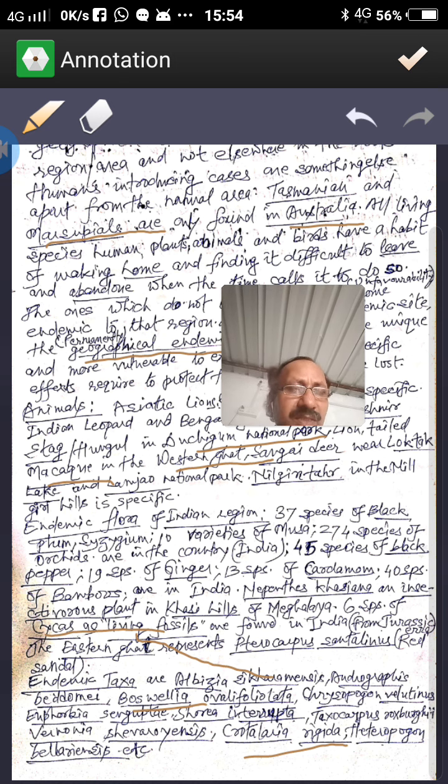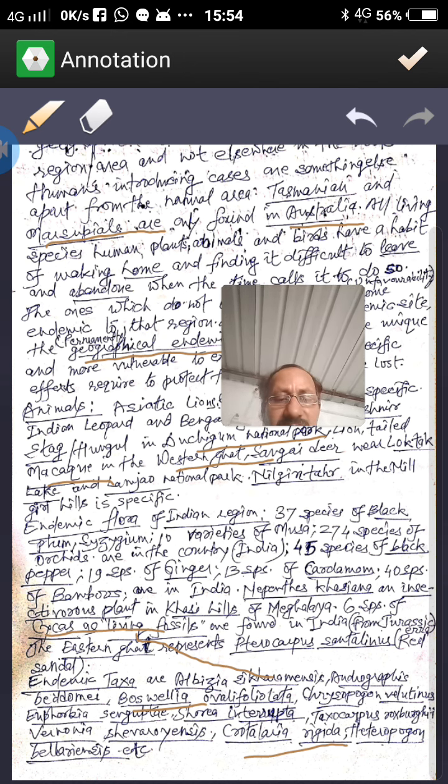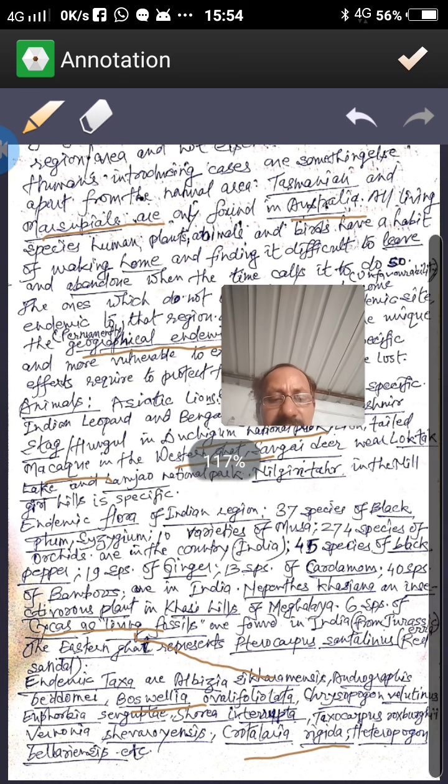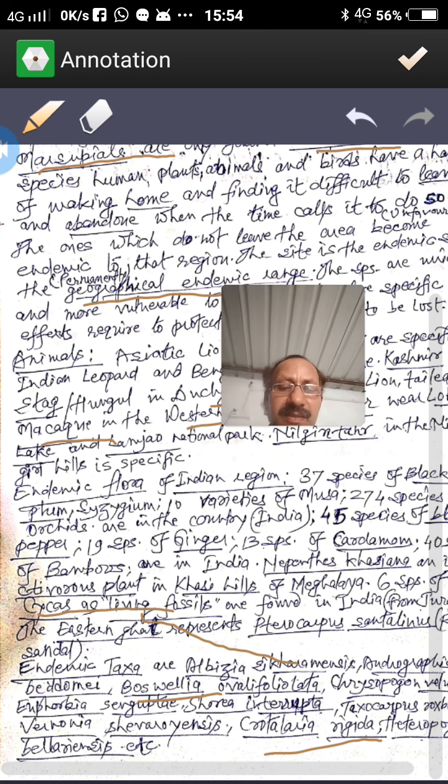Heteropogon is also there, but the Heteropogon species bellariensis is on the verge of extinction.